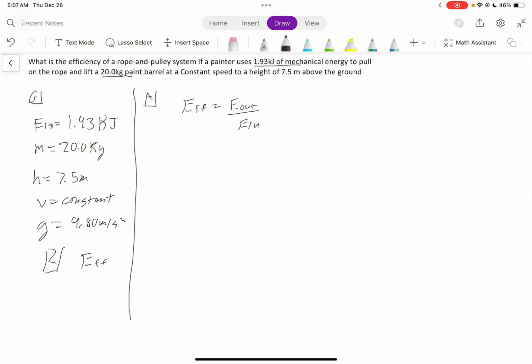Well, if the paint bucket is right here, and the worker is pulling it upwards, we can think of this in dynamics, where there is a force of gravity, mg, and a normal force. Because the paint bucket is being lifted off the ground at a constant speed, acceleration is equal to 0.